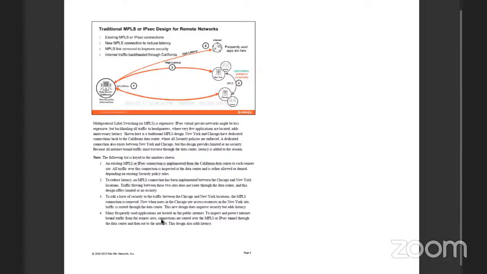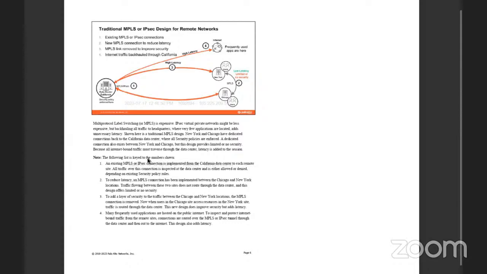Many frequently used applications are now hosted over the internet. To inspect and protect internet-bound traffic from these remote branch offices, the connections are routed over the MPLS or IPsec tunnel through the data center. And when the traffic is inspected in the data center, it goes to the internet.